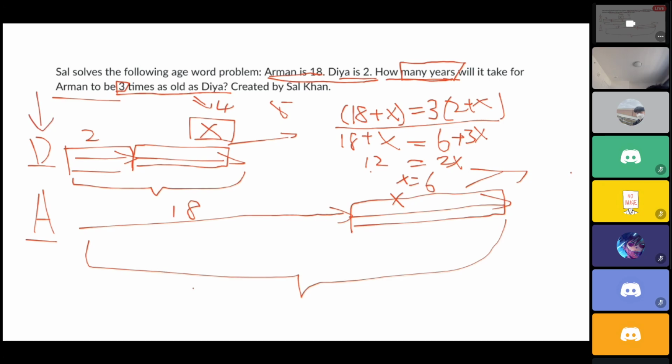I mean, maybe it's because you guys aren't really used to this concept yet, but this part is really, really important. If you don't understand this part, you're kind of screwed, honestly. This part is the essential part of equations because you have to be able to find out relationships and then connect them, right?